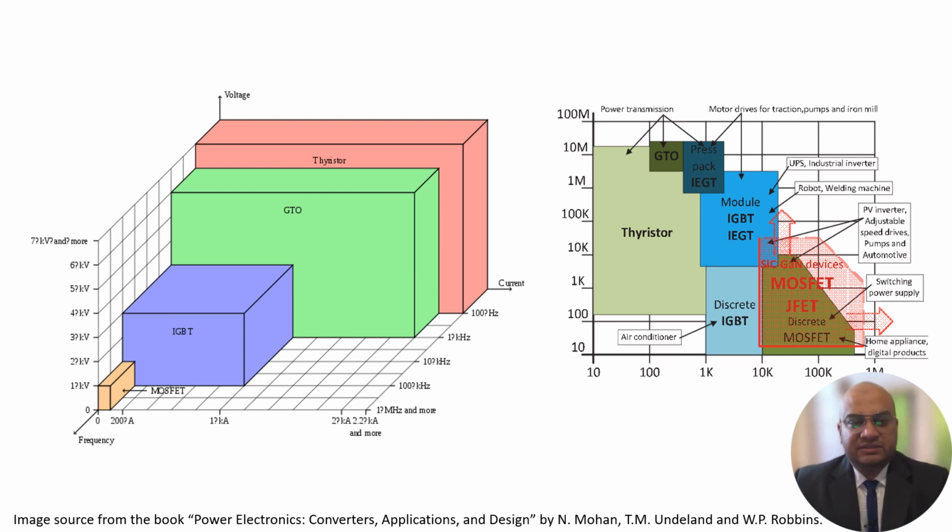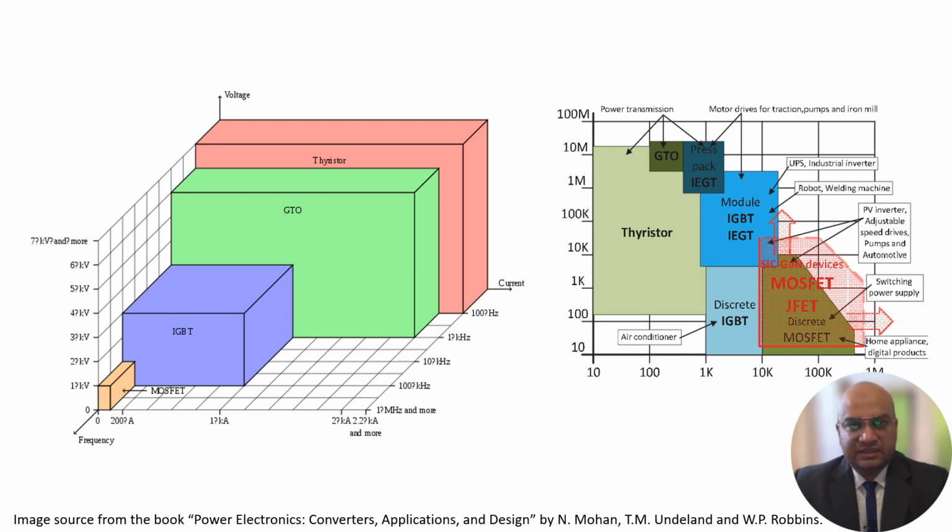So in thyristor, you can see this device comes under the category which has the capability to carry high voltage and high current, but this does not operate as a high frequency device. So wherever devices are needed for high power rating, thyristor is the obvious answer.